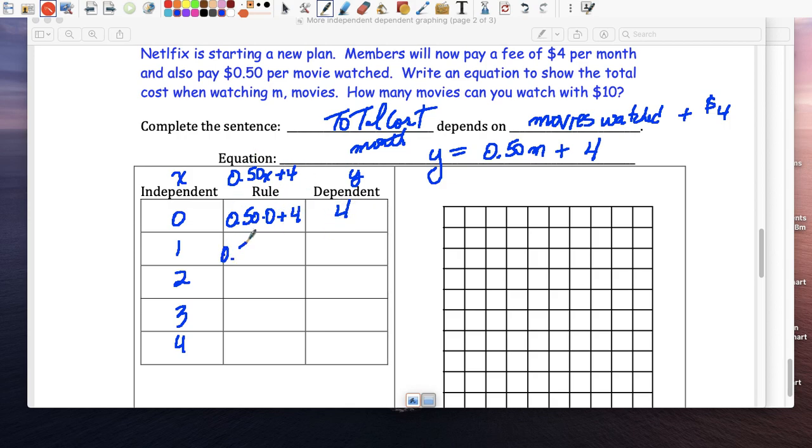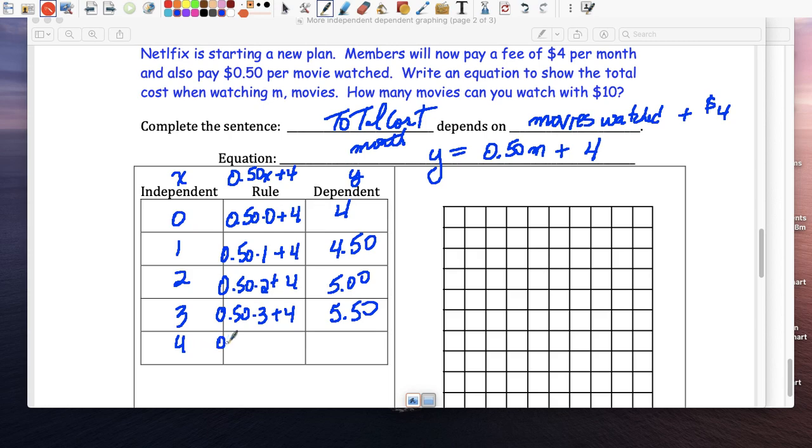So if you watch 1 movie, it's 50 cents times 1 plus that $4 monthly fee. You would pay $4.50. If you watch 2 movies, 50 cents times 2, which is obviously $1, plus 4, you would pay Netflix $5. 3 movies, 50 cents times 3, so that would be $1.50, $5.50.